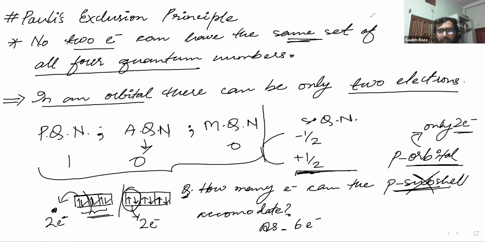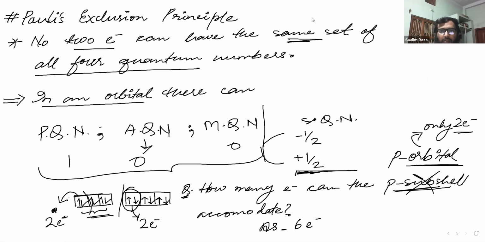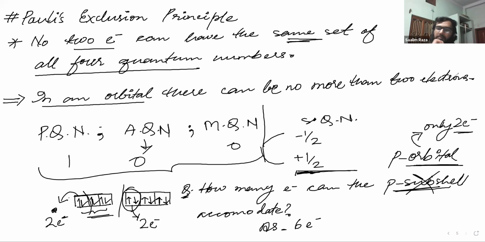Or a better wording would be, there can be no more than 2 electrons. Okay, got it? So this was the Pauli's exclusion principle.